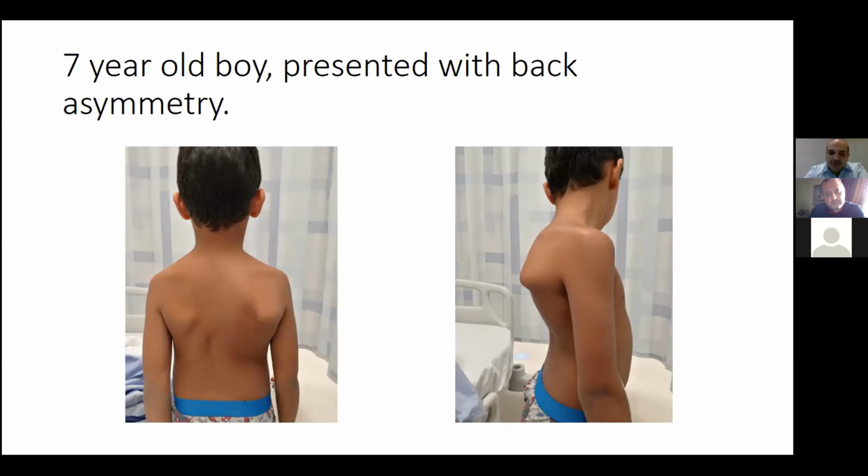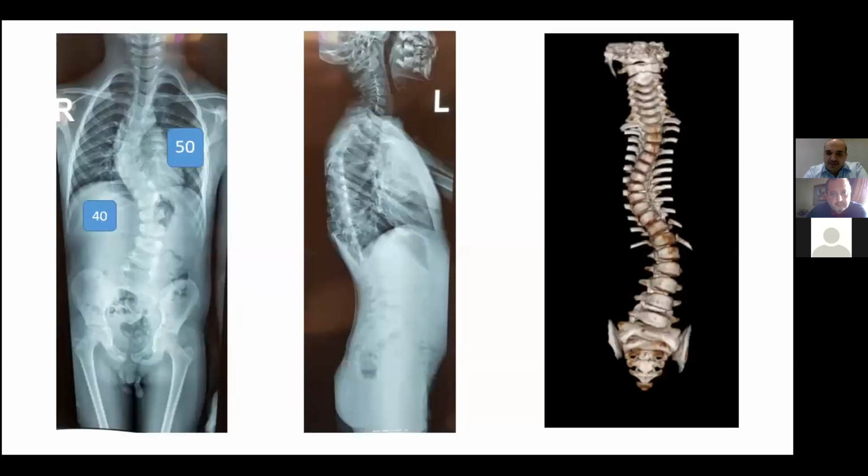This kid presented with a progressive deformity since the age of 2. He was diagnosed incidentally on a chest X-ray. The angle was 10 degrees at that age, and he was supposed to have an X-ray every 2 years, but he missed the X-rays. This is just from the history, and he came with angles of 50 and 40.